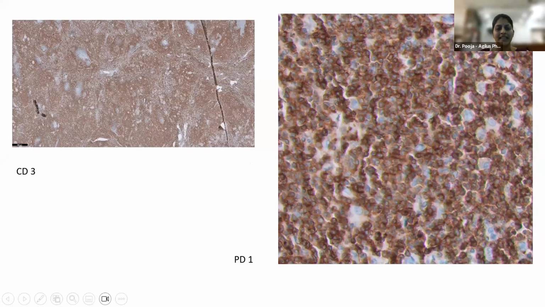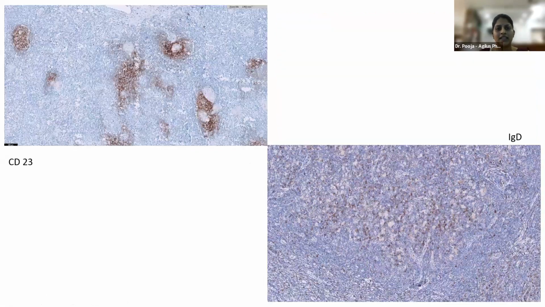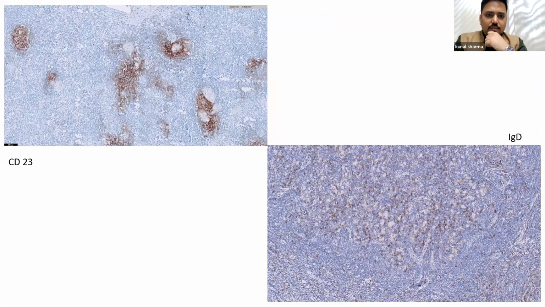So it was basically having a T-cell rich background. And CD23 just highlighted the dendritic cells, and IgD highlighted a few of the scant B cells present in the background. So anybody would want to comment on what they think could be this case?